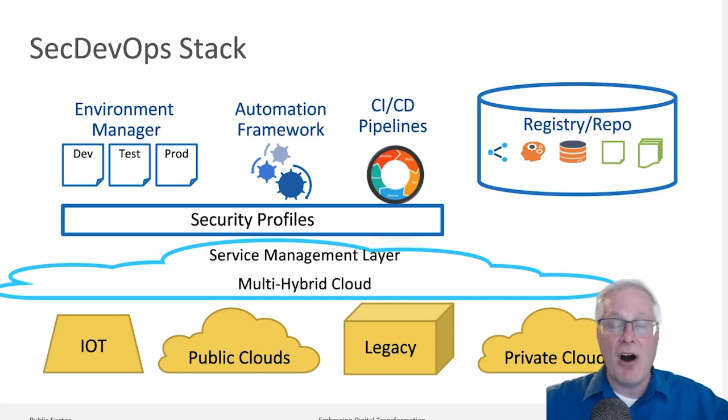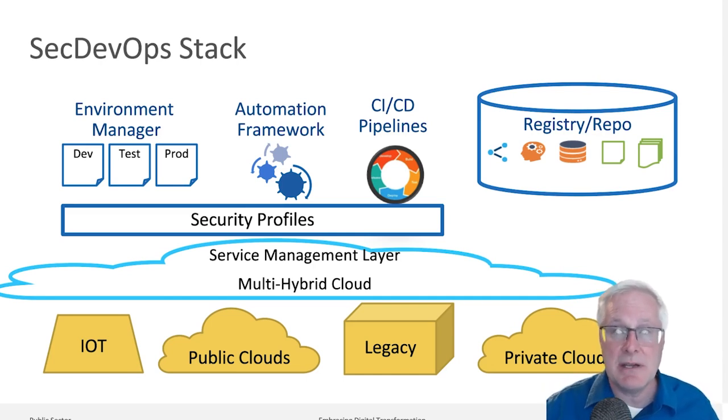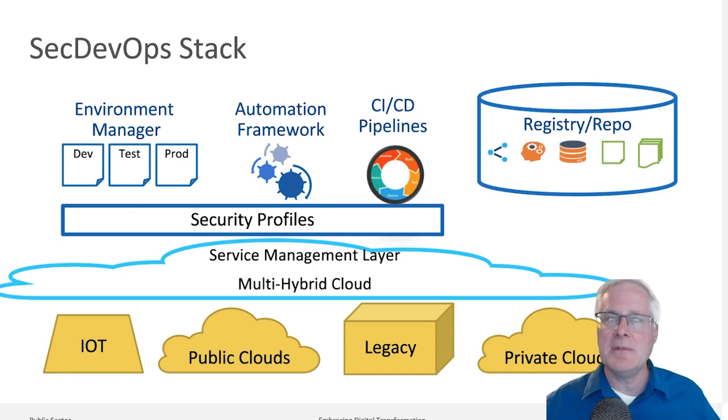Sitting on top of all of this, as you've noticed, I haven't mentioned infrastructure yet. In the ideal world, we would have a global infrastructure that we could run these environments and these CI/CD pipelines anywhere. And ideally, that's what we want. We want a multi-hybrid cloud orchestrator that can connect IoT, public clouds, legacy, and private clouds all together that look like one place where I just run my CI/CD pipeline.